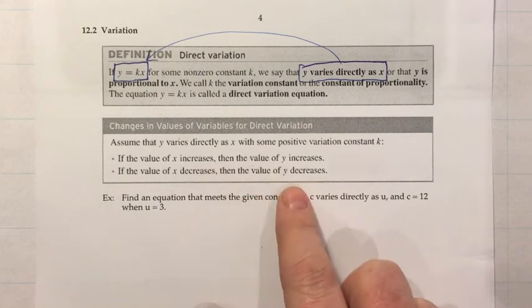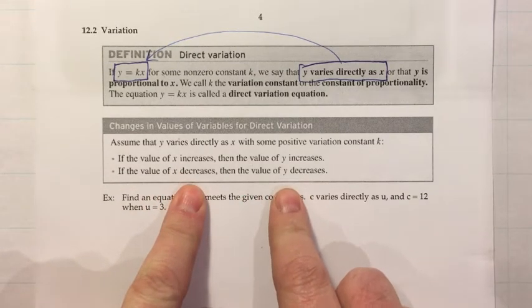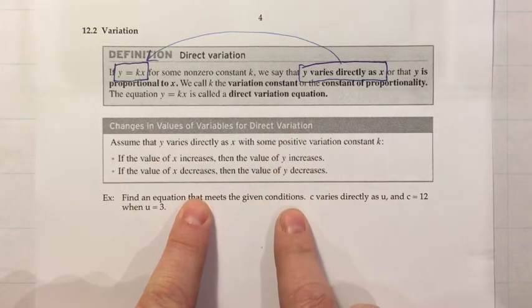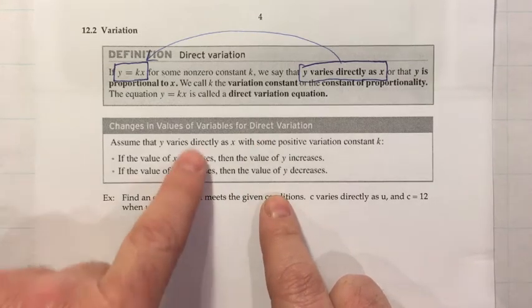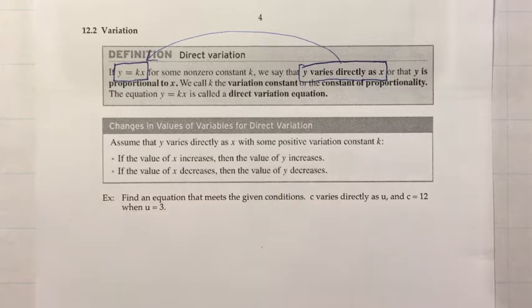So what they're telling us here is those variables move in the same direction. If this finger represents x and this represents y, they're saying if x goes up, y goes up. If x goes down, y goes down. So with direct variation, the variables move in the same way. One goes up, so does the other. One goes down, so does the other. We'll be looking at something called indirect variation later, which deals with the opposite sort of situation.